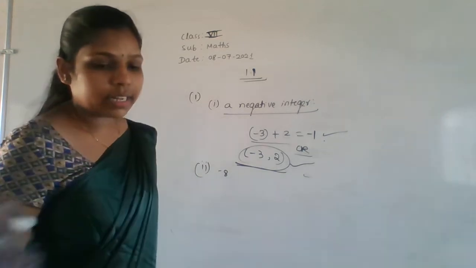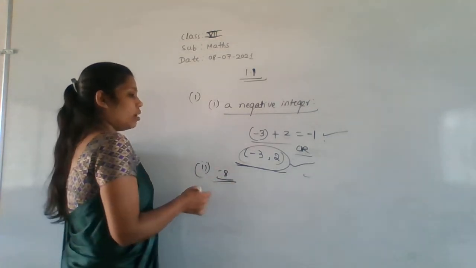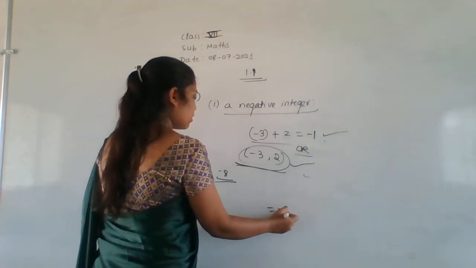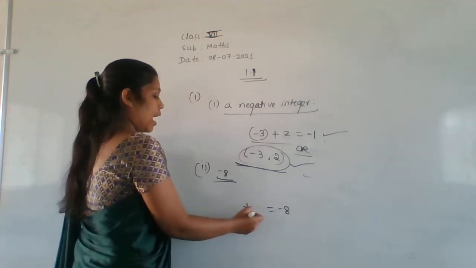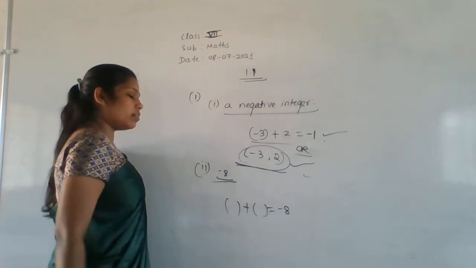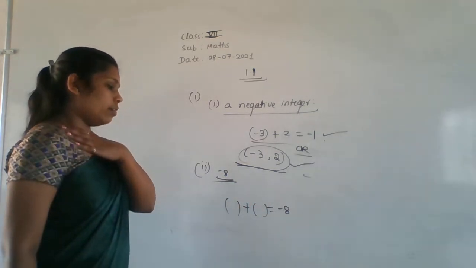Minus 8. See here, which numbers do we have to add to get minus 8? We want minus 8 as the answer, and you have to add two numbers here. Write those two numbers.